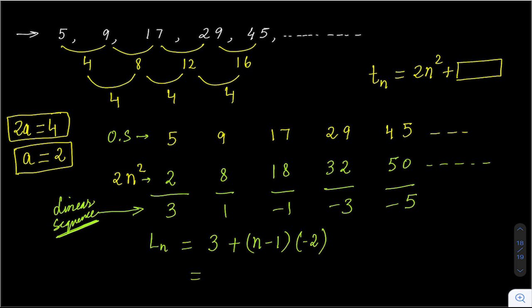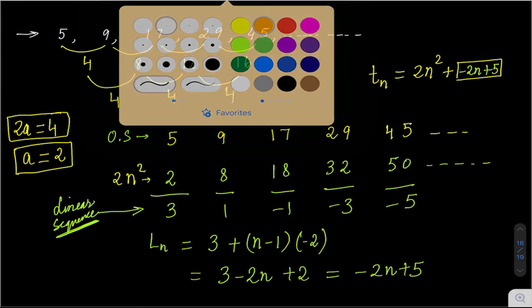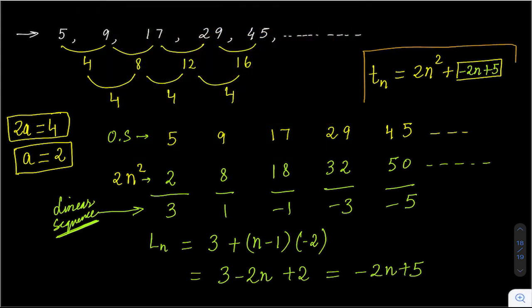So this is coming out to be 3 minus 2n plus 2, that is minus 2n plus 5. Now I will substitute minus 2n plus 5 in the Tn. So this is my answer: the quadratic term, that is the square term, plus the linear term.